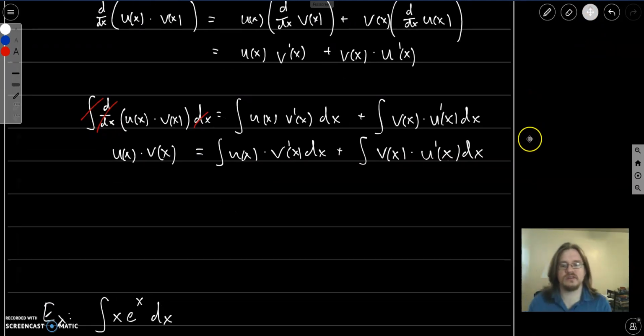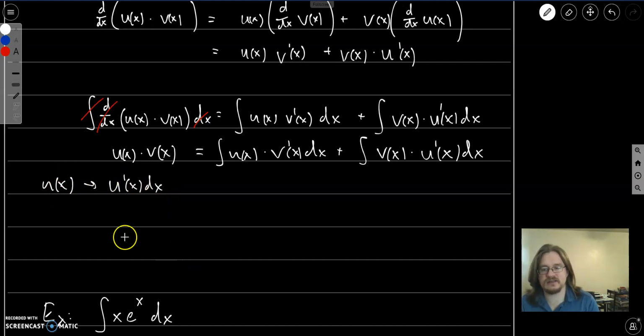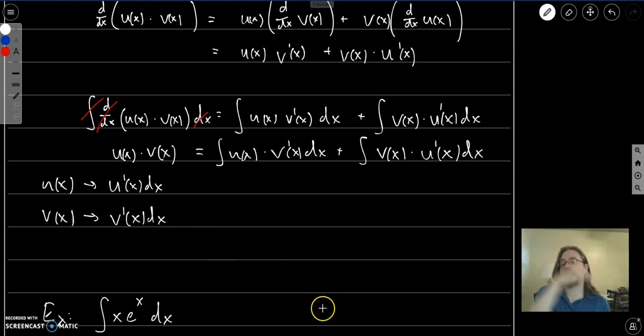And what I'm going to do is start replacing some things with differentials, because we know that if we have u of x and I want the differential of this guy, it's going to be u prime of x dx. And if I have v of x and I want to take its differential, I'll have v prime of x dx.